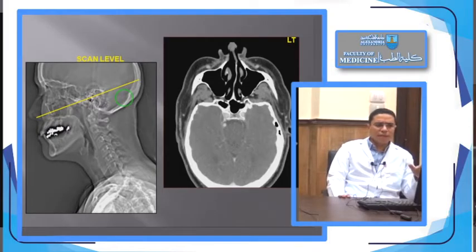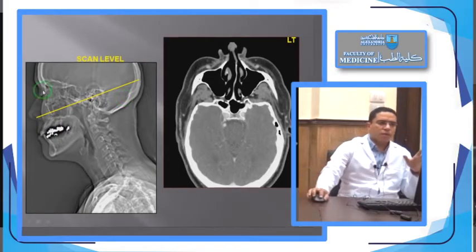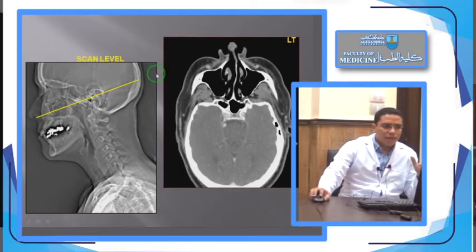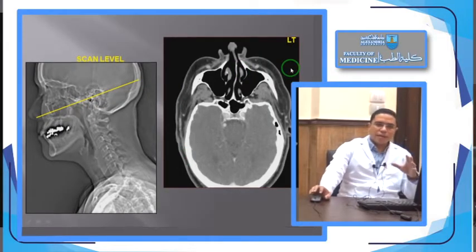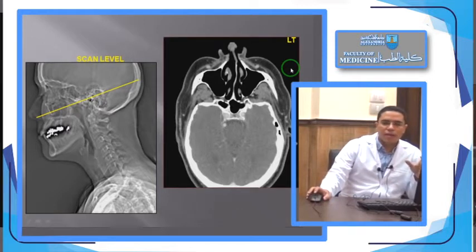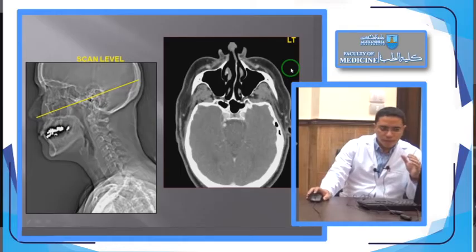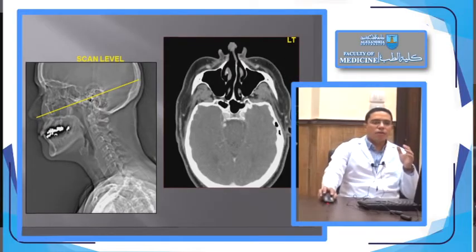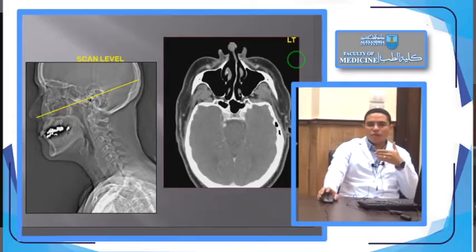Starting with the CT scan, this is called a topogram, or an X-ray scan, to give you the level at which we are taking the cut. And this is the image of the CT, and this view is called the axial view. When you look at an axial view of a patient, in order to know which side is the right and left and anterior and posterior, you have to imagine that you are looking at this patient from downwards.